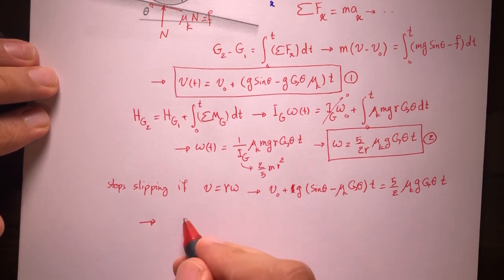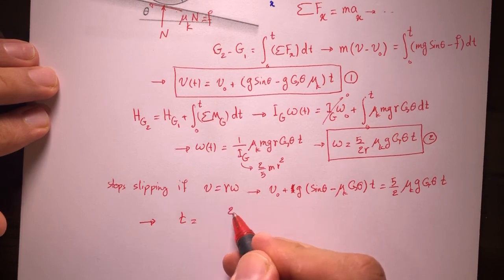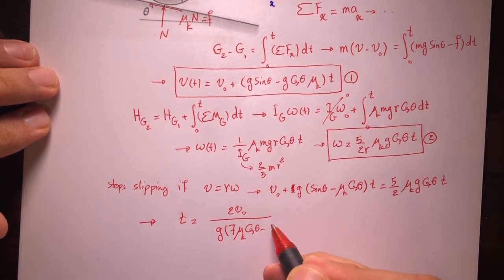So t is going to be equal to, if you simplify this equation, t turns out to be 2 times the initial velocity divided by g times 7 mu k cosine of theta minus 2 sine of theta.